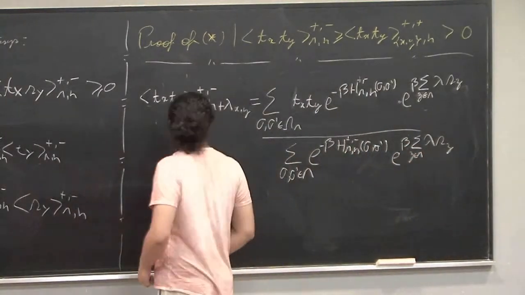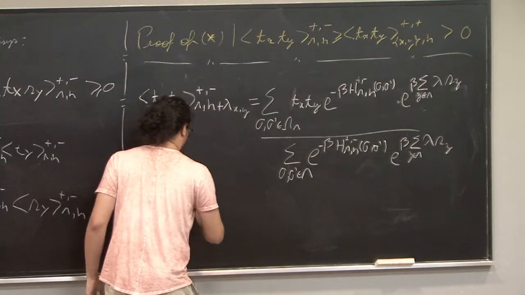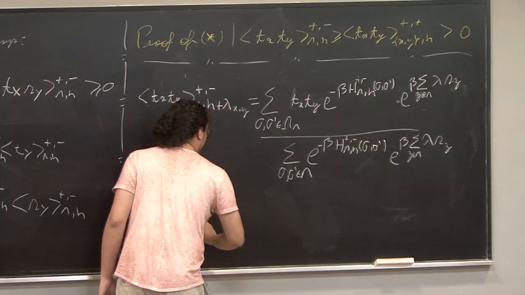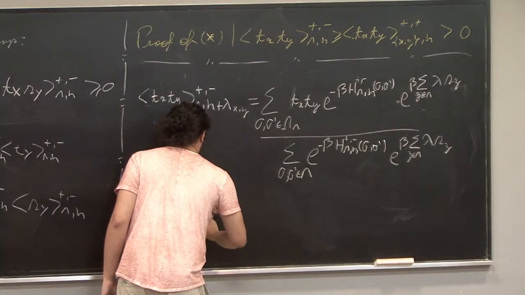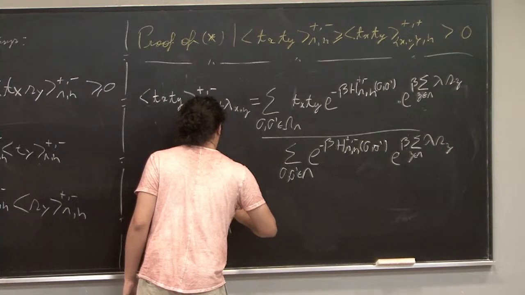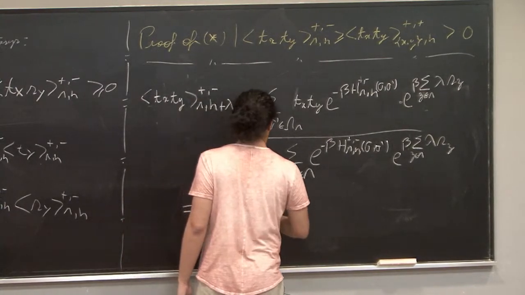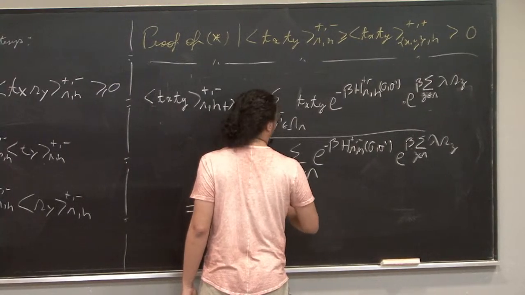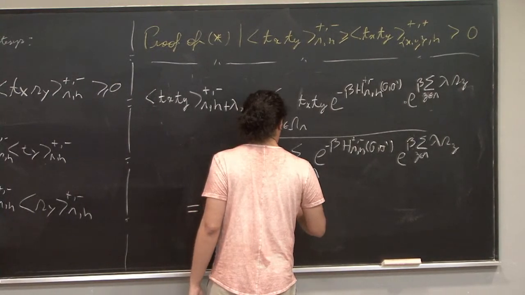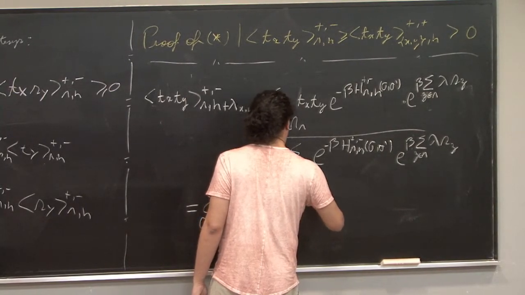So the trick is to rewrite this thing in this form. Again, sigma prime here. We have the same tx and ty, and the Hamiltonian is the same. So beta, the original Hamiltonian, plus and minus sigma prime.